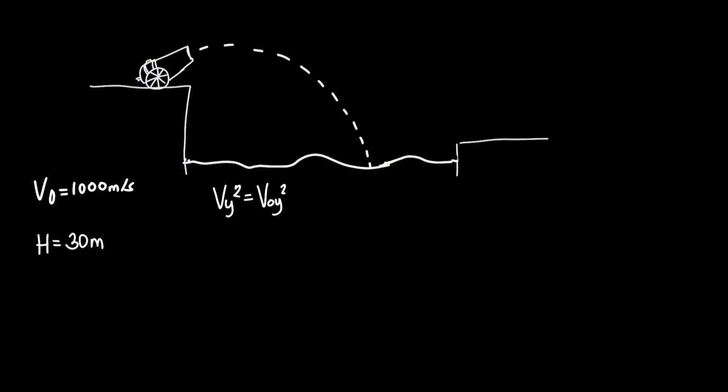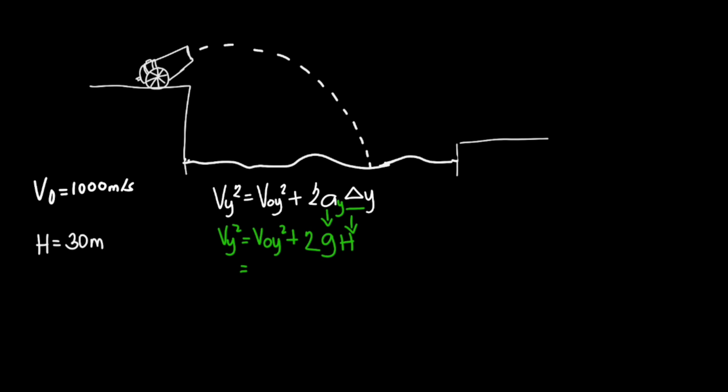The final vertical velocity squared is equal to the initial velocity squared plus 2a_y times the change in vertical displacement. Now, always remember that the acceleration for vertical is always the gravity. The change in vertical displacement is the height. Then let me copy everything in this formula.